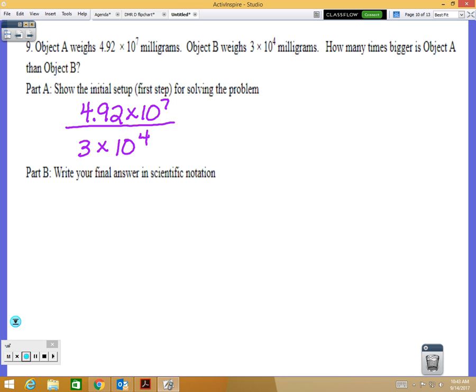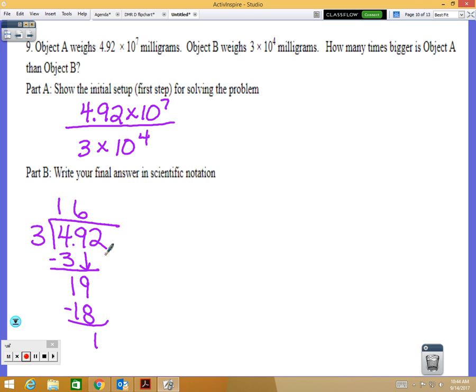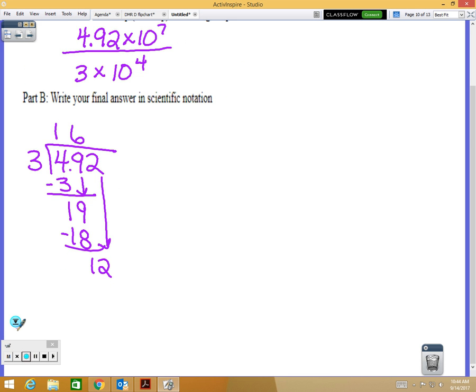So when we divide in scientific notation, we need to first divide our first 2 factors. So 4.92 divided by 3. 3 goes into 4 1 time. 1 left over. Bring down your 9. 3 goes into 19 6 times. 6 times 3 is 18. 1 left over. Bring down your 2. 3 goes into 12 4 times.